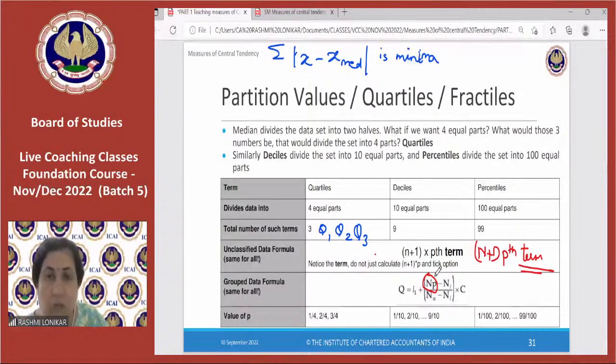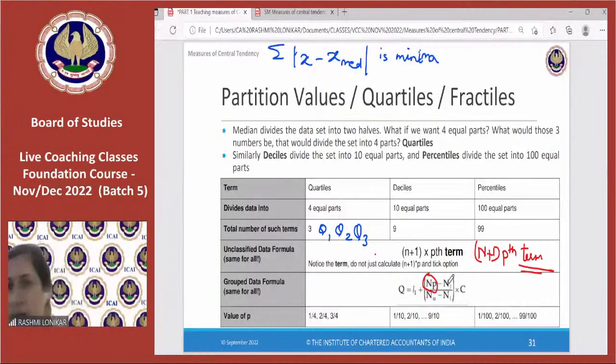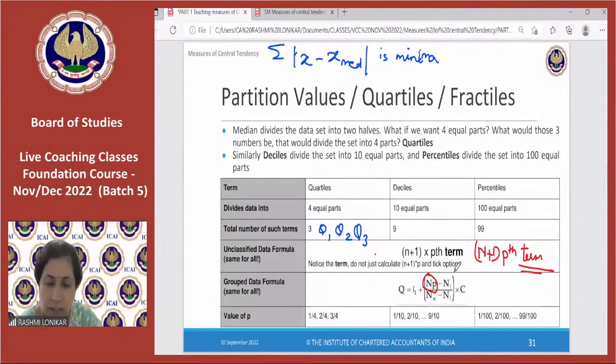Depending on which quartile I want to find out, I may use 1 by 4, 3 by 4. When I want to find a decile, it may be 1/10, 2/10, 3/10, etc. So the formula is the same: L1, that is the lower class boundary, plus (Np minus NL), where NL is the cumulative frequency of the pre-class, and NU is the frequency of the post-class.